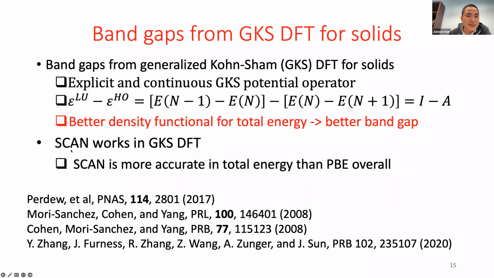So SCAN works in generalized Kohn-Sham DFT, and SCAN is more accurate in total energy for a lot of tests than PBE overall. So this is a very basic argument I would like to make for the better prediction of band gaps that I showed earlier.